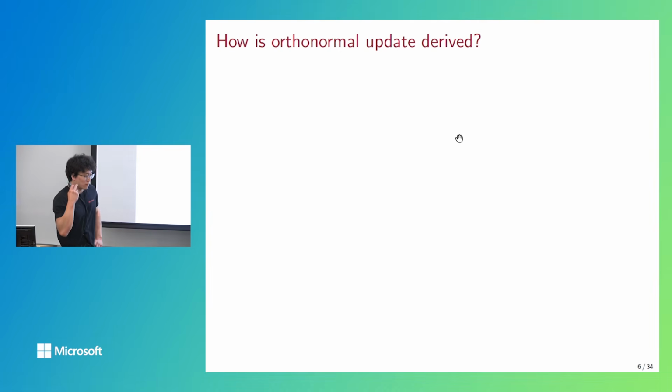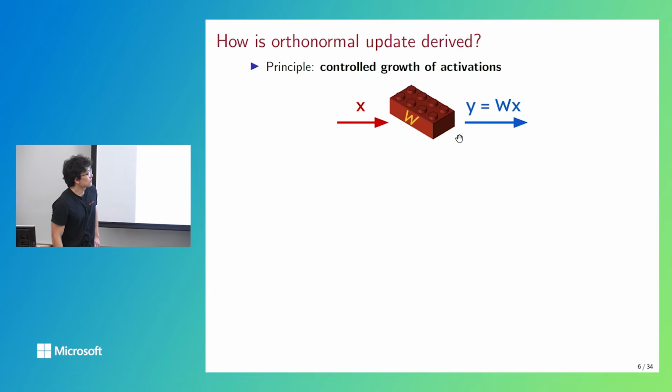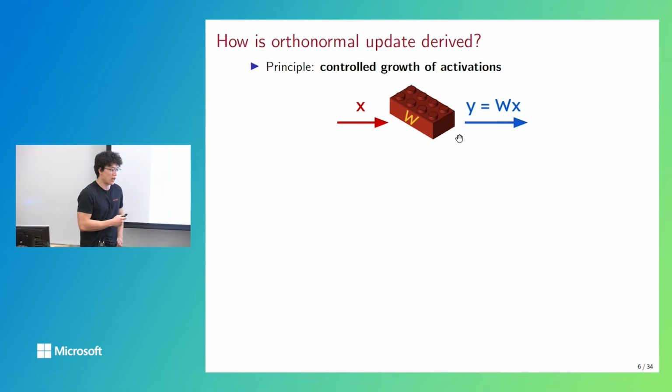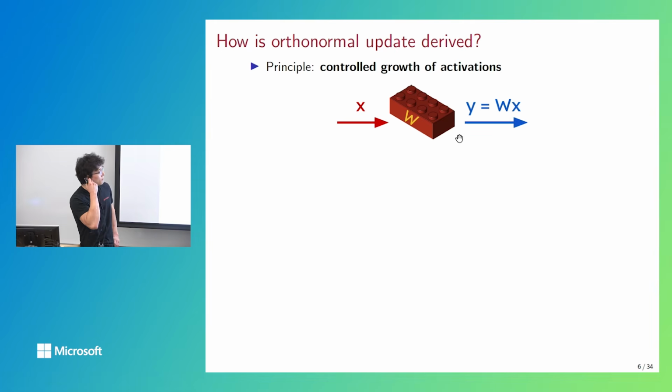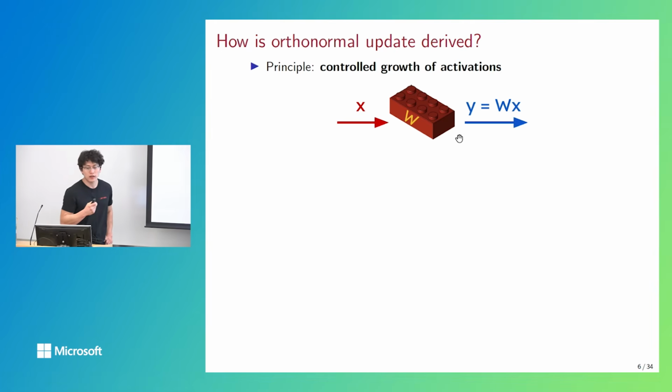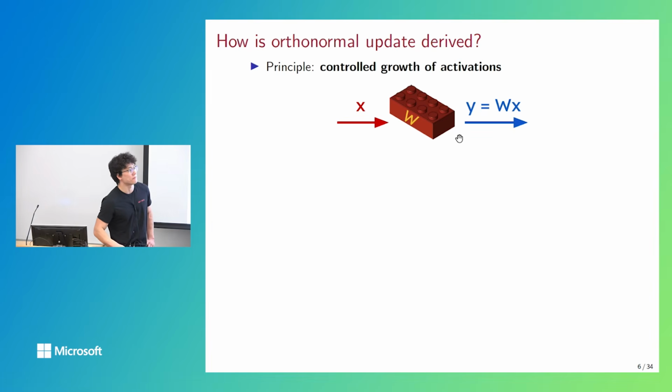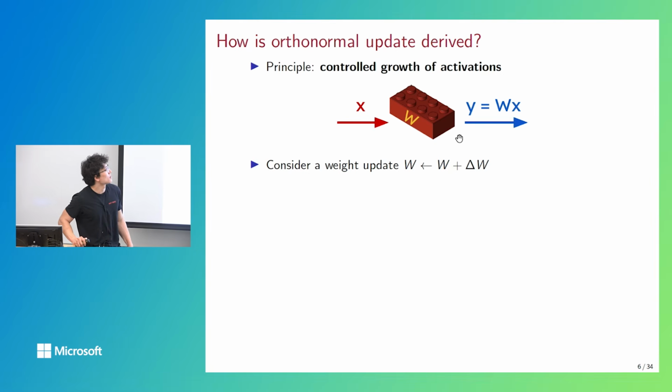So here I'm providing some theoretical motivation behind this. So recall that we have this diagram of input activation transformed into output activation by this matrix parameter. So the principle that we designed this orthonormal update based on is controlled growth of activation during each training step.